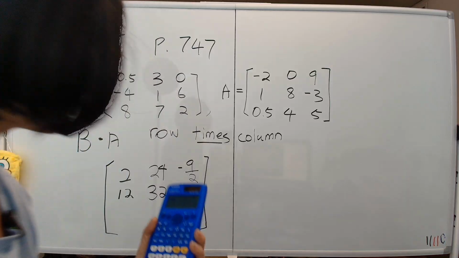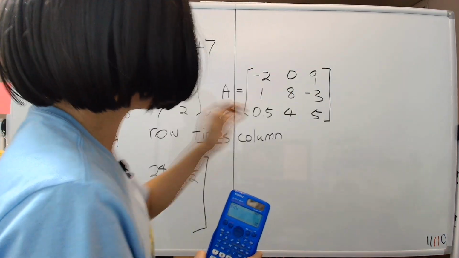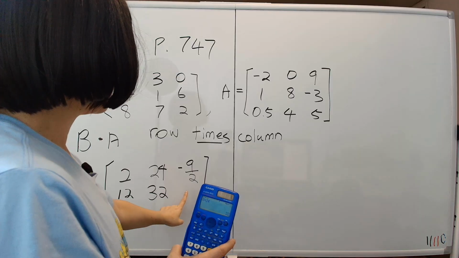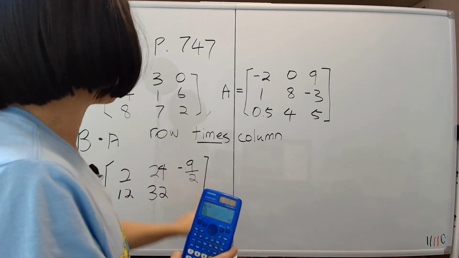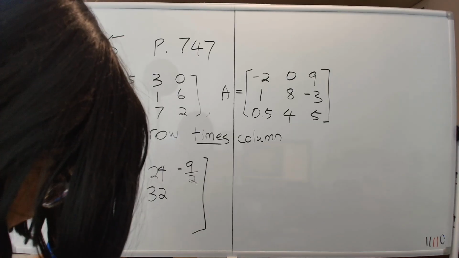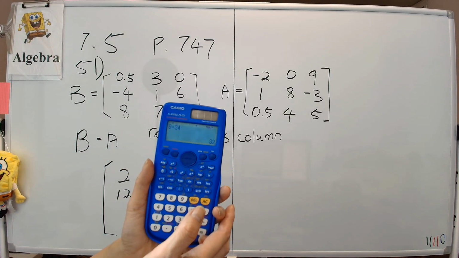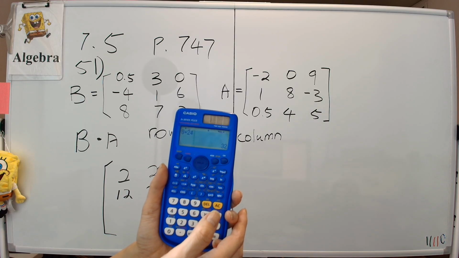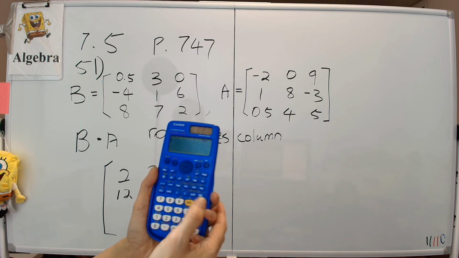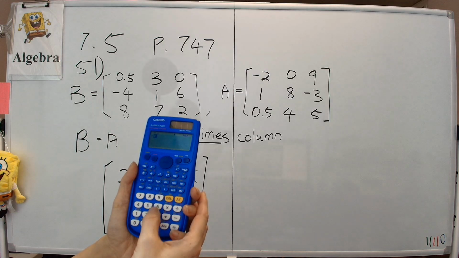All right, next. The second row times third column. Okay, the answer will be in row 2, column 3. Sorry, I kicked the camera. Okay. And anyway, let's see, what was it? Second row, third column? All right. So that gives us minus 4 times 9, that's negative 36.